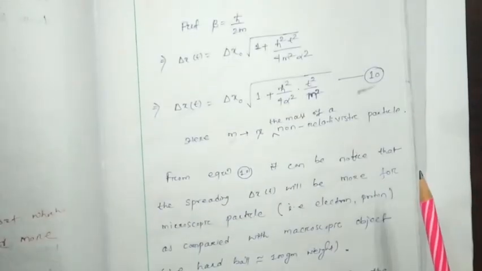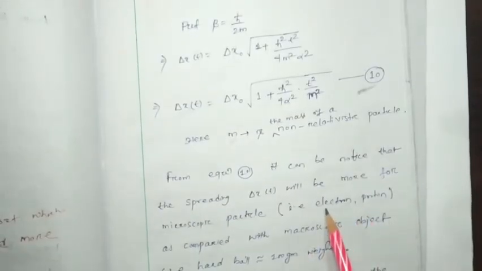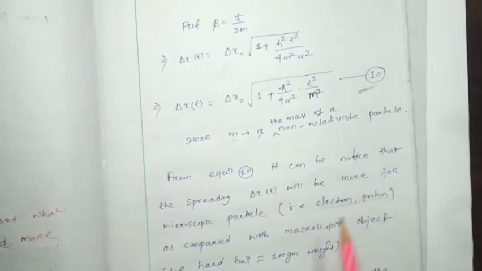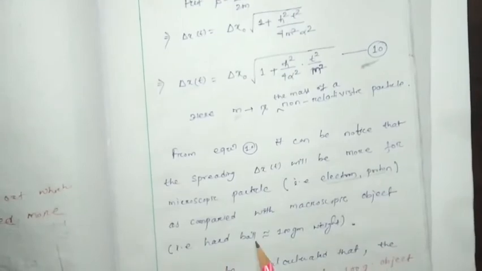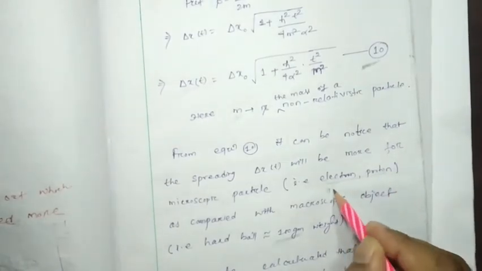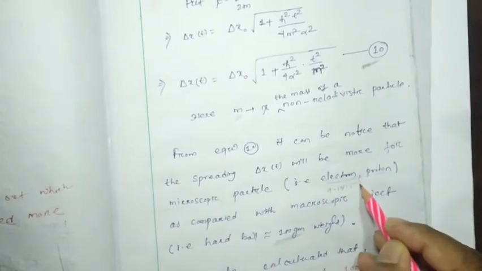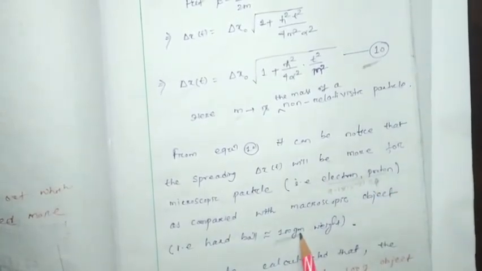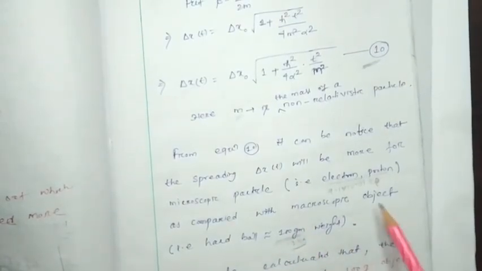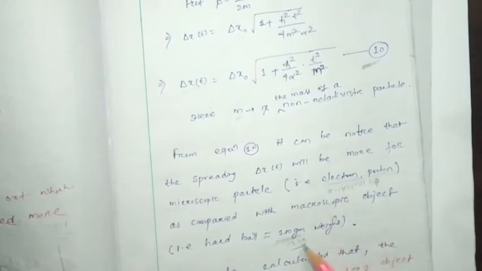So microscopic particle means, suppose we consider an electron or a proton, compared with a macroscopic particle, such as a hard ball having a mass of 100 gram. The electron mass, you just consider, is 9.1 × 10^-31 kg. This 100 gram means 0.1 kg. If I compare the two, this mass is very much larger.